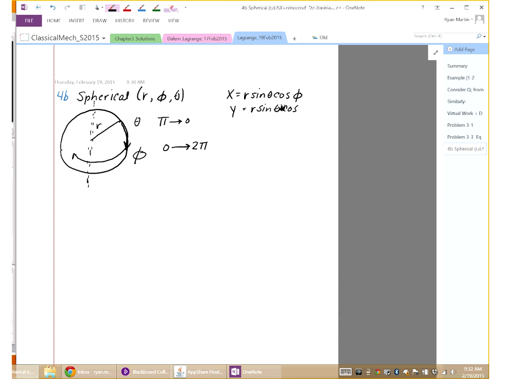You can remember that because y has two sine terms in it, and then z is r cosine theta.